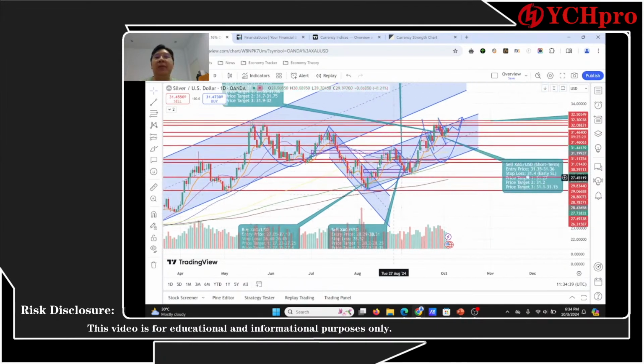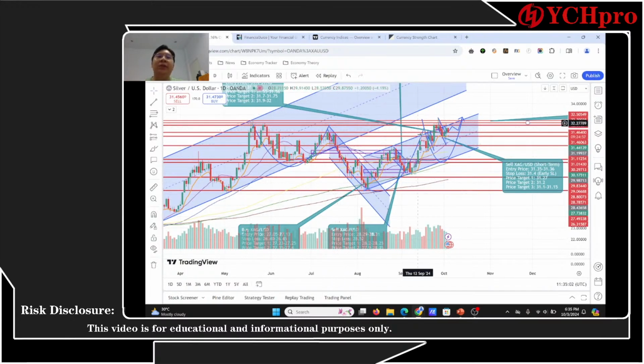And right now, silver prices have been able to build a reversal, trying to build a base and trending higher, almost reaching that high level around $32.10.